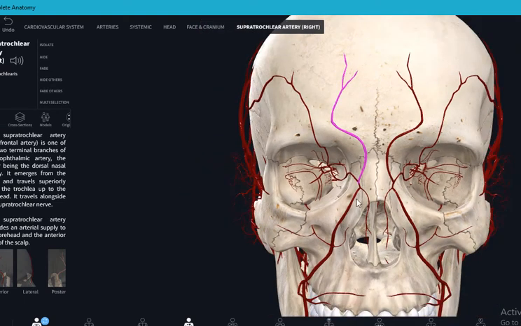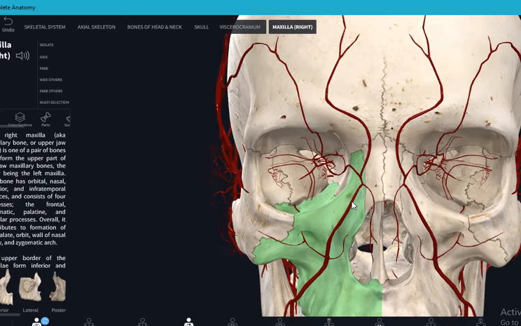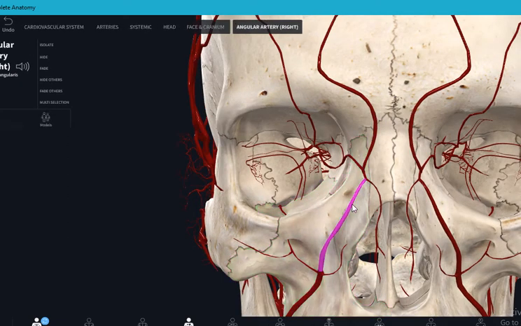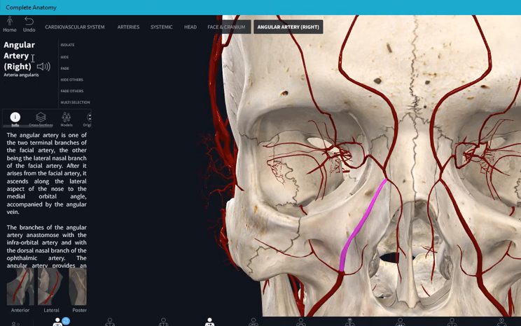Now you need to know that if there is a lesion on the ophthalmic artery, the facial artery also anastomoses with the ophthalmic artery via the supratrochlear and the supraorbital arteries. So it's going to give an angular artery here. When you come closer, you visualize this artery here. This artery is called the angular artery.